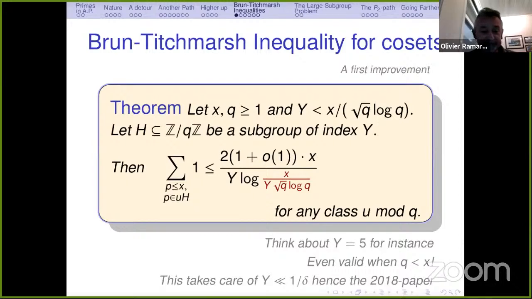What we can get is the Brun-Titchmarsh bound 2x upon y, which is what you have. But instead of x upon q, which we had before, we have x upon square root q. That's where we save in the density, because x is some power of q, and it's allowed to be lower because of this square root q at the denominator.